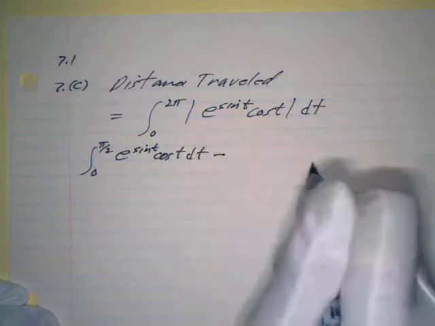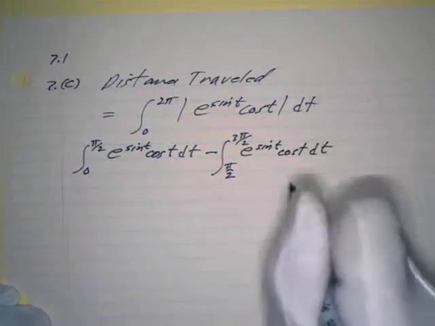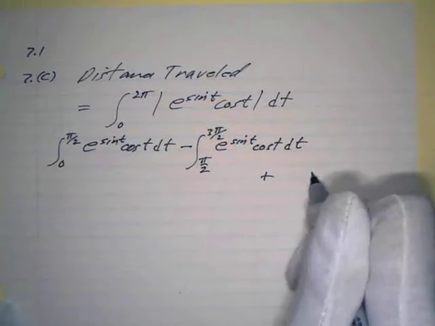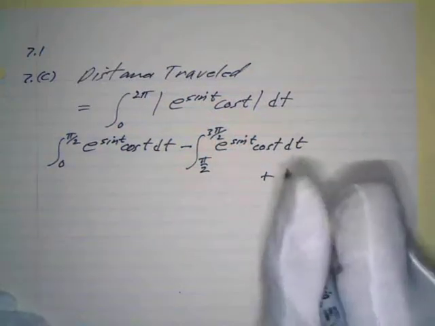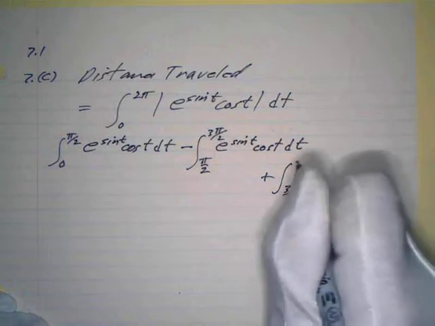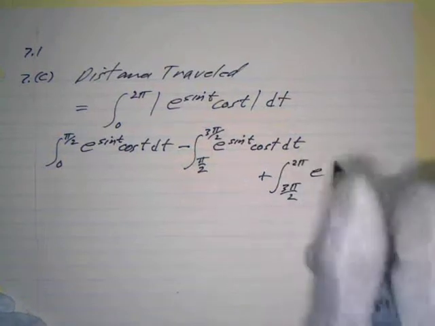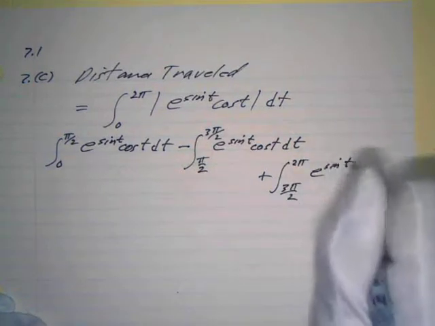And then this will be the negative part, so we have to negate that, so that's going to be the integral from pi over 2 to 3 pi over 2 of our function e to the sine t cosine t dt, and then plus the part that was also positive, so we don't have to negate that, the integral from 3 pi over 2 to 2 pi of e to the sine t cosine t dt.